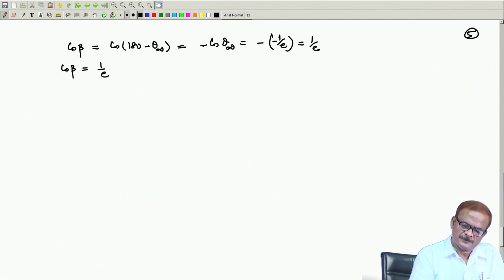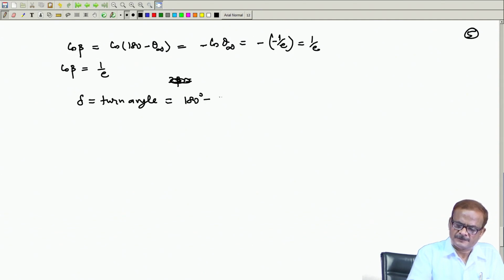So cos beta is 1 by e, and also we can see that the turn angle delta is equal to 180 minus 2 beta, so delta by 2 equals 90 minus beta.